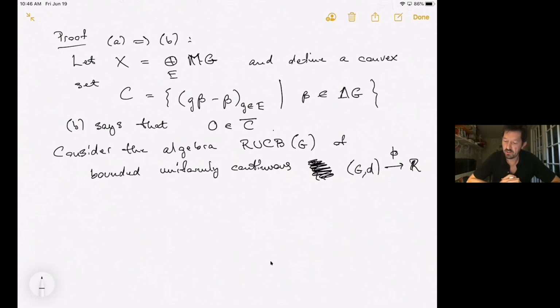So this is the algebra of such functions. Of course, the Lipschitz functions are a subclass of this algebra.